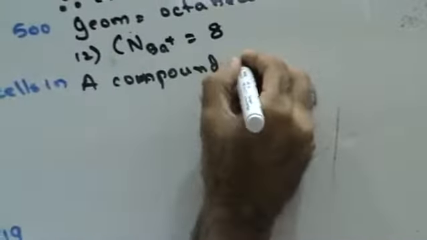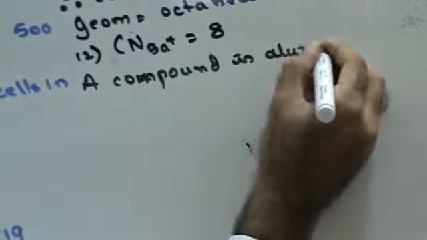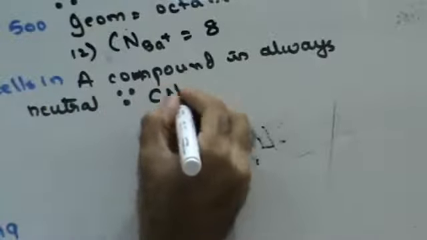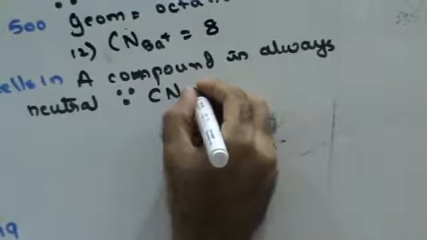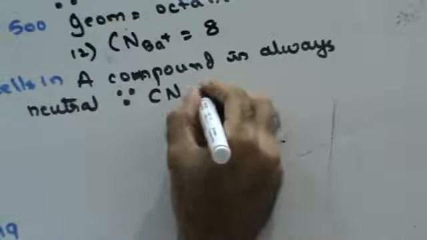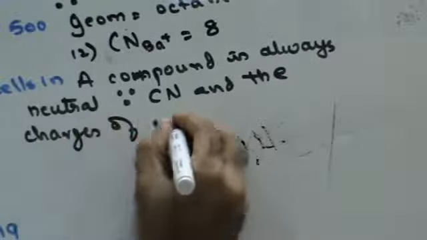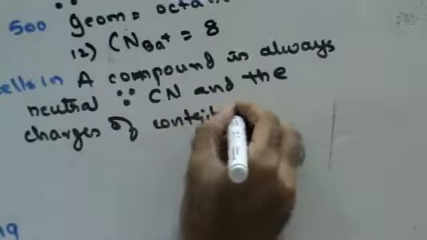Now, from theory we know that a compound is always neutral, because the coordination number and the charges of the contributing ions always balance.